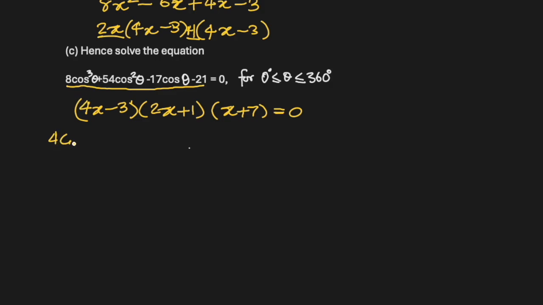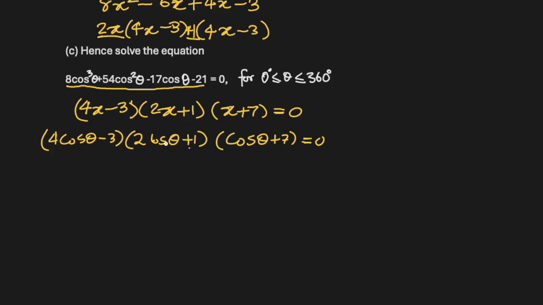So 4 cos theta minus 3. Then we have 2x, so 2 cos theta plus 1. And then we have cos theta plus 7. And their multiplication is 0.